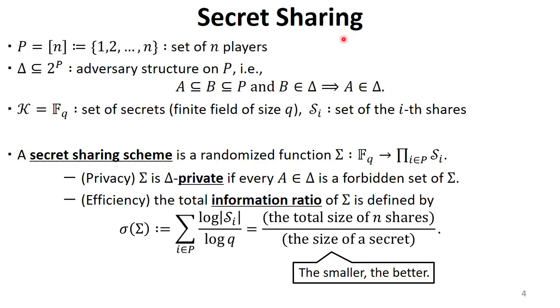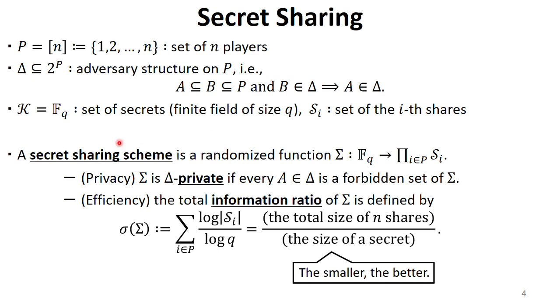So more formally, we let P be the set of n players, and we define an adversary structure on P as a monotone decreasing family. And we assume that the domain of secrets is a finite field of size Q, and we let Si be the set of the ith possible shares.